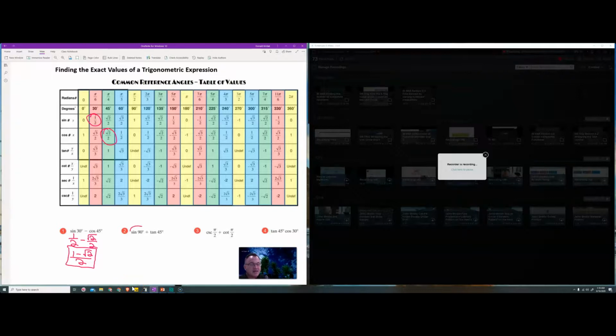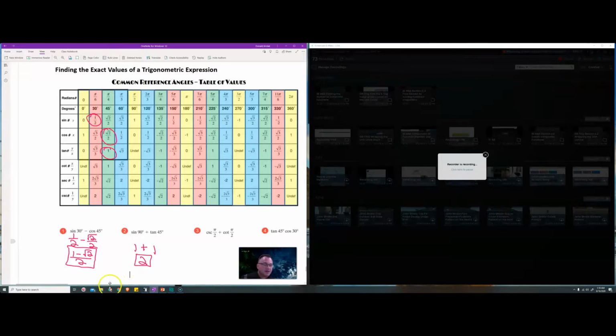Okay, sine at 90 degrees. So I go to 90. My sine is 1, and then I add the tangent at 45 degrees. Tangent at 45 is 1, so that's equal to 2. Okay, number 3.